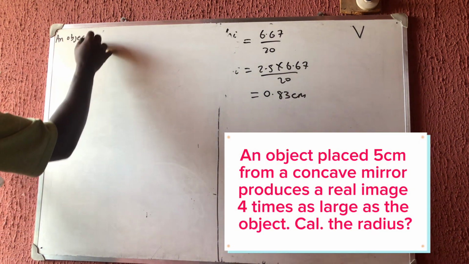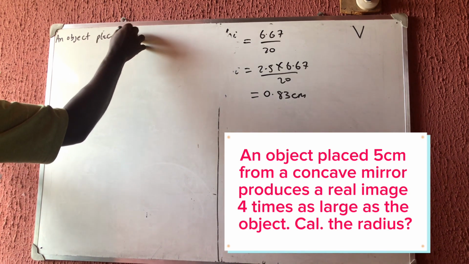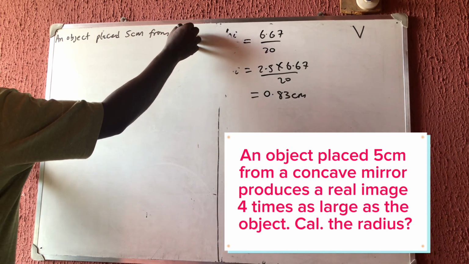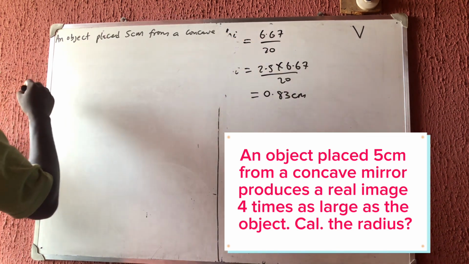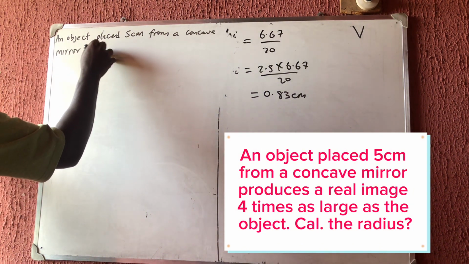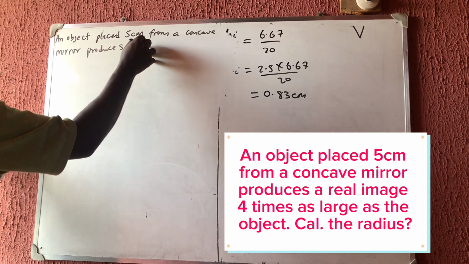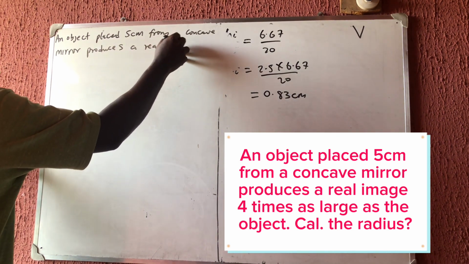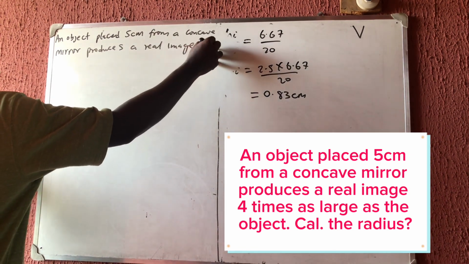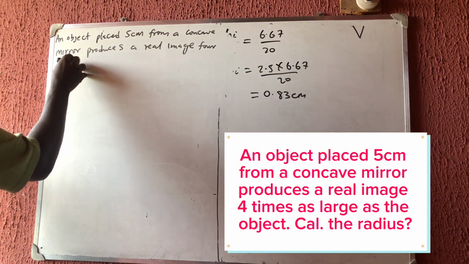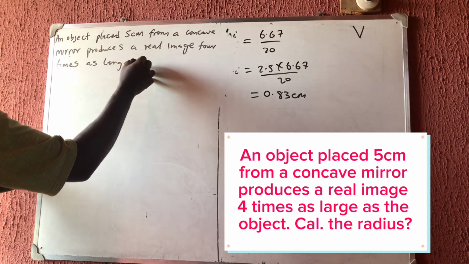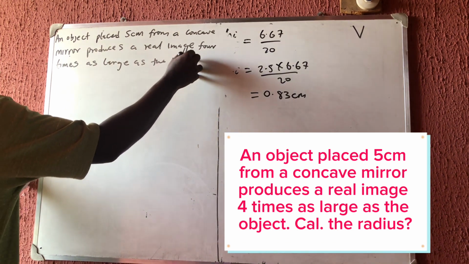So they gave us that an object placed 5 cm from a concave mirror produces a real image 4 times as large as the object.